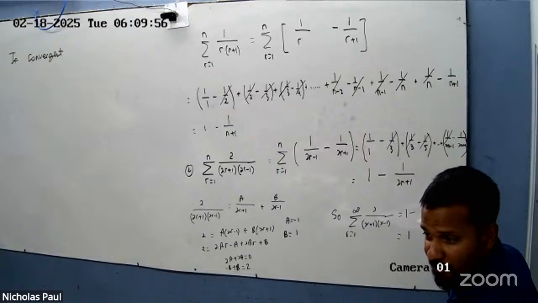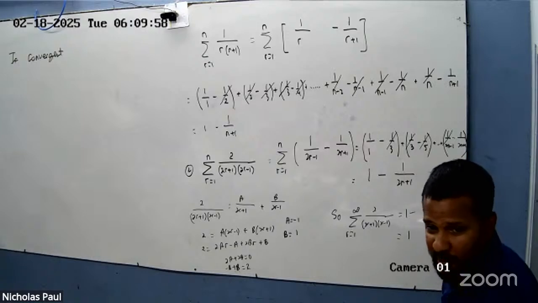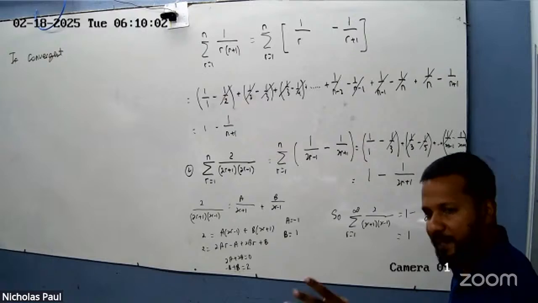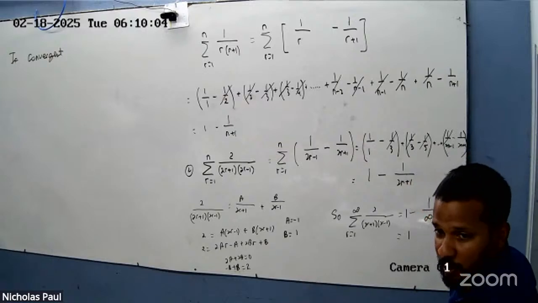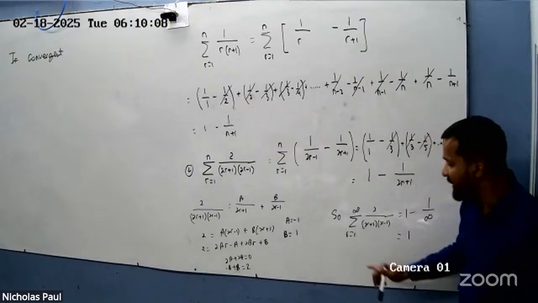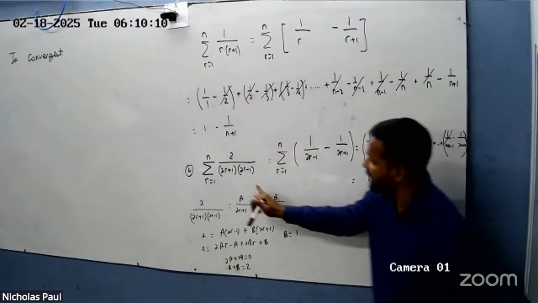It will be infinity, so there's no value. But if you find the sum to infinity of a GP with r between -1 and 1, what will you get? You'll get a value.